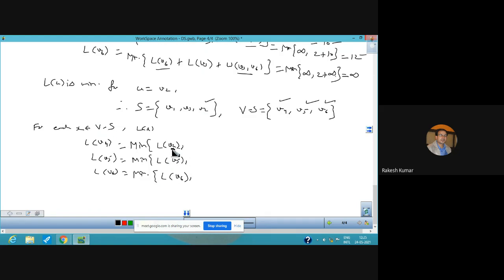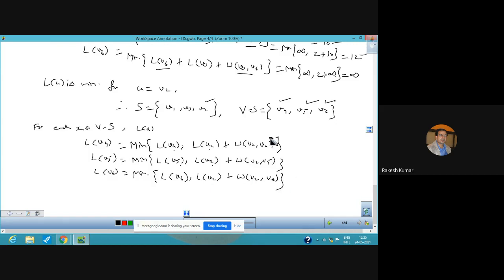This is the step of the Dijkstra algorithm. LV2 will be the same, plus the weight between V2 and V4, plus the weight between V2 and V5, plus the weight between V2 and V6.